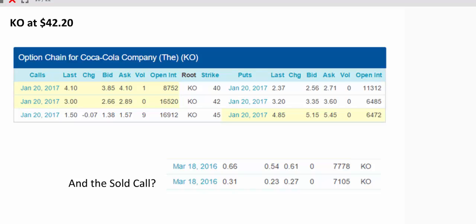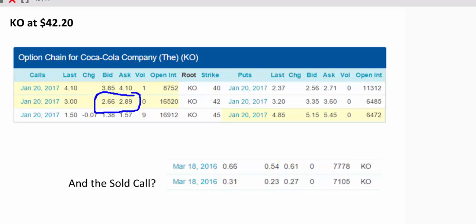So here's Coke. I thought I'd give another example of one which was like this. So here's Coke. It was trading early on at 42.20. So if we looked at a $42 no money down position, there we've got a wider spread.